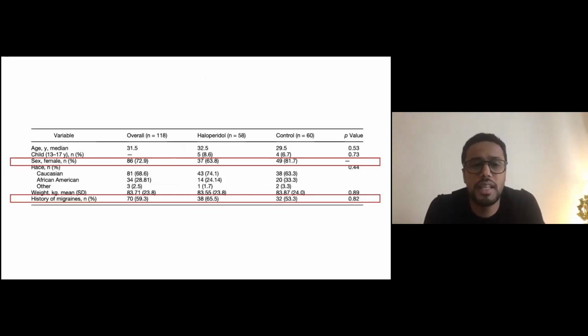Now, as we can see, most participants were female in both groups, and there were fewer participants between the ages of 13 to 17. And most of those participants, 59% in both groups, had a history of migraine.